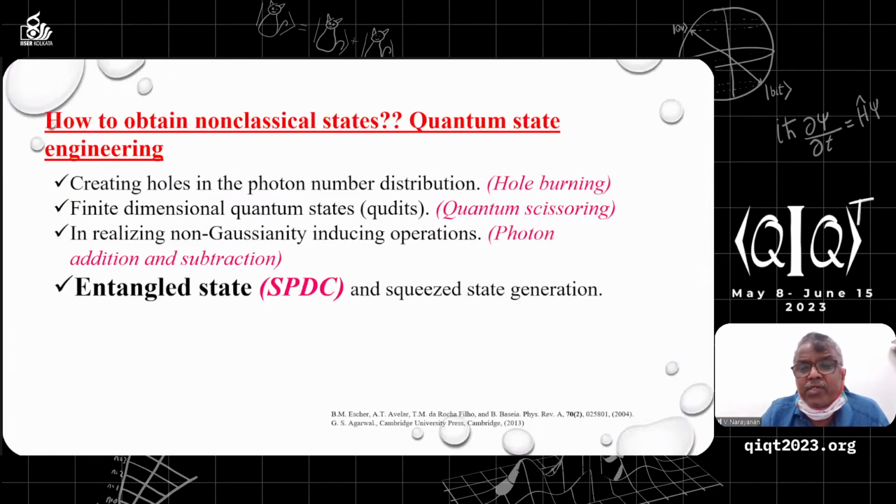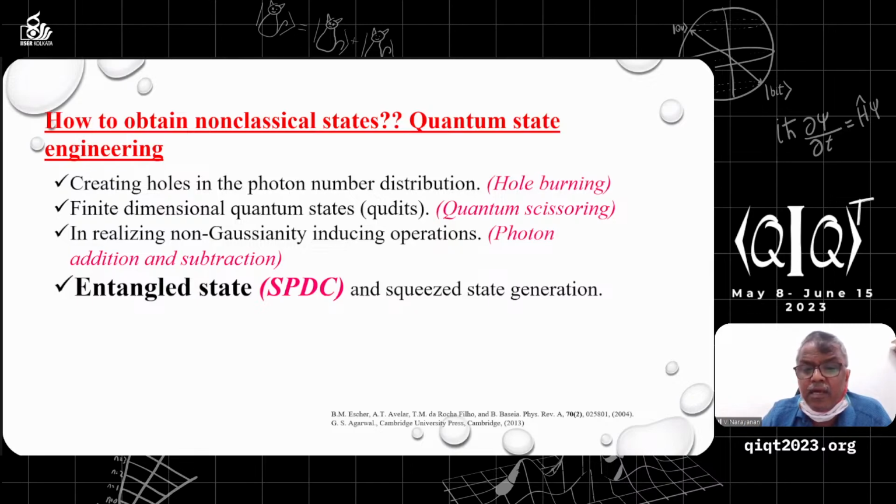So how one produces the non-classical state is basically by creating a hole in a number distribution, called hole burning, or finite dimensional quantum states, or quantum scissoring. So you truncate a certain series, or also realize non-Gaussian operations like photon addition and photon subtraction. Some groups, like Bellini's, etc., in Europe, have done some of these experiments.